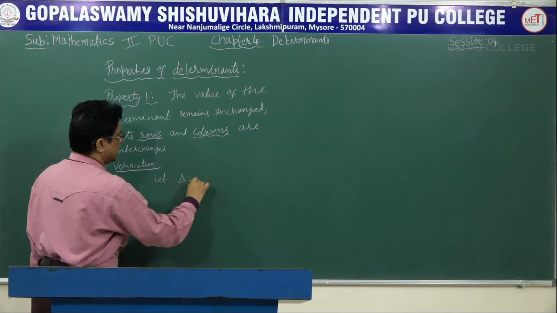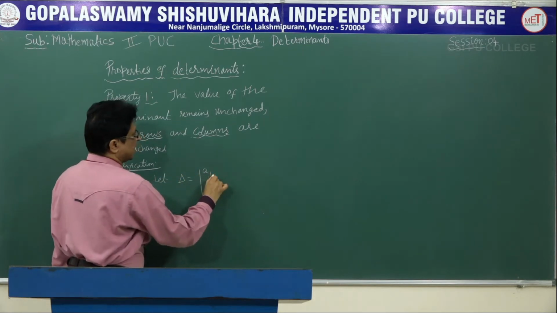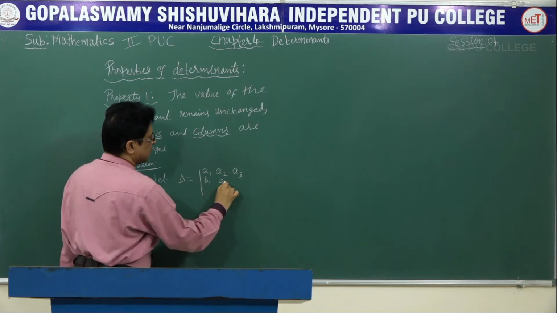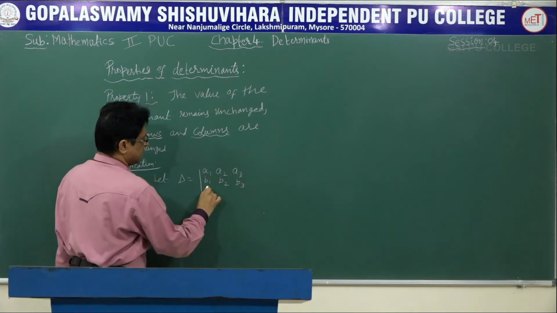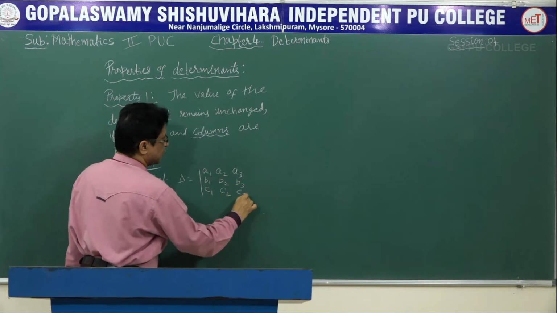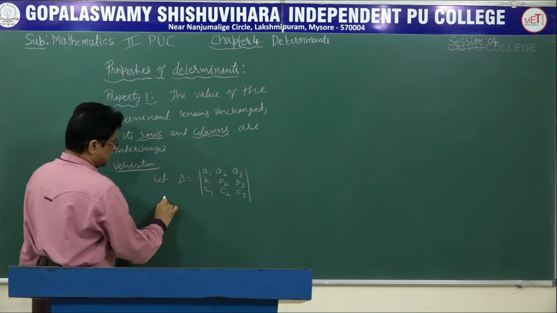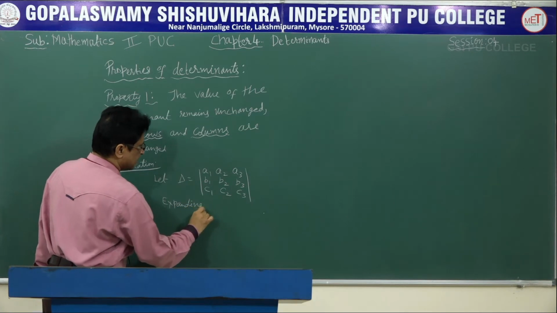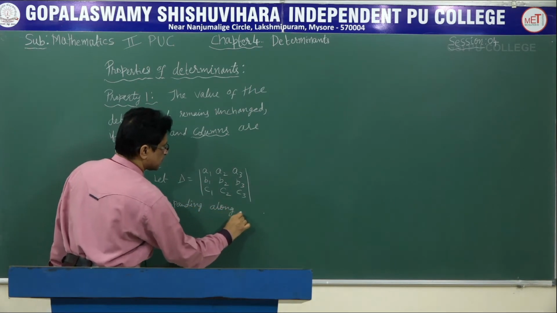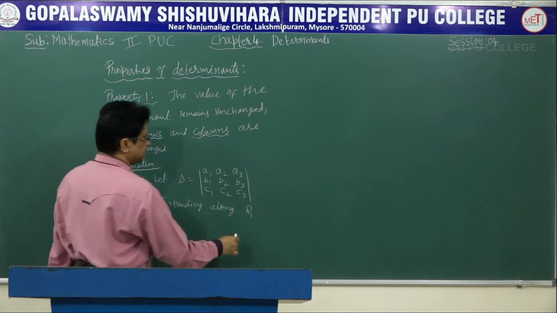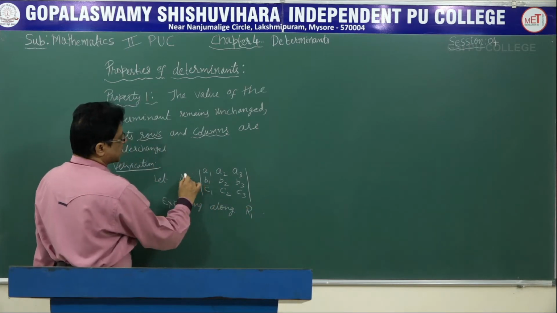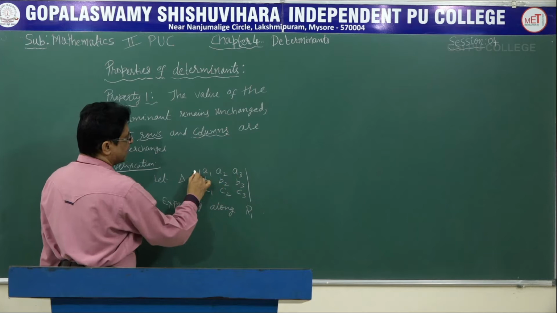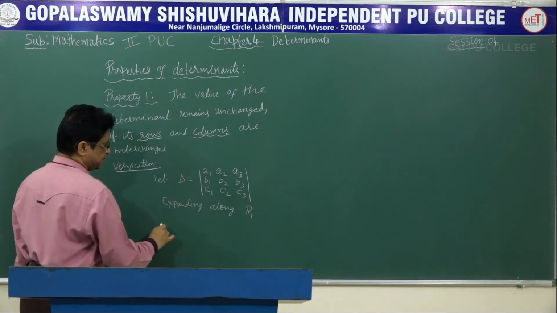Let delta equals determinant of A1, A2, A3, B1, B2, B3, C1, C2, C3. Expanding along R1. So, the elements in R1 are A1, A2, A3. So, we expand along R1.